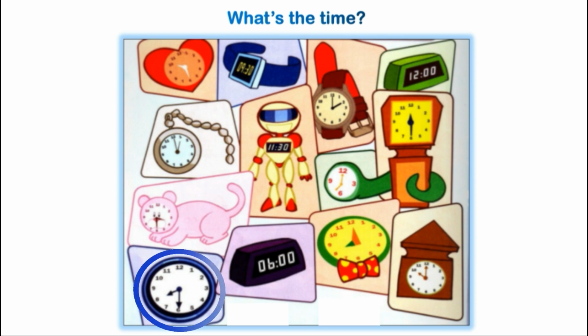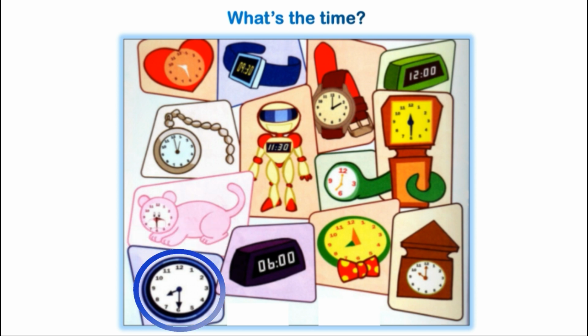How are we going to read this? 6 in the minutes represents 30 minutes. It means half of the circle is shaded. The time is 8:30.